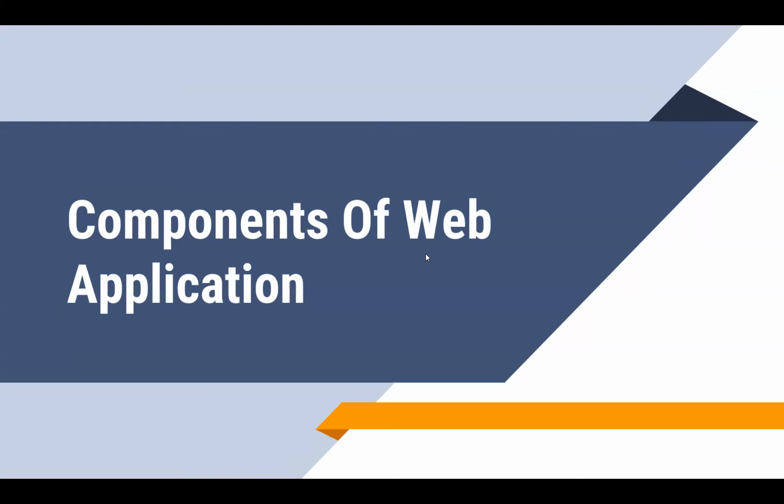Because as I already explained previously, whenever we are talking about WebGIS or any web development, more than the code, the most important thing is that we need to understand how the entire cycle is working, how the entire flow is working.